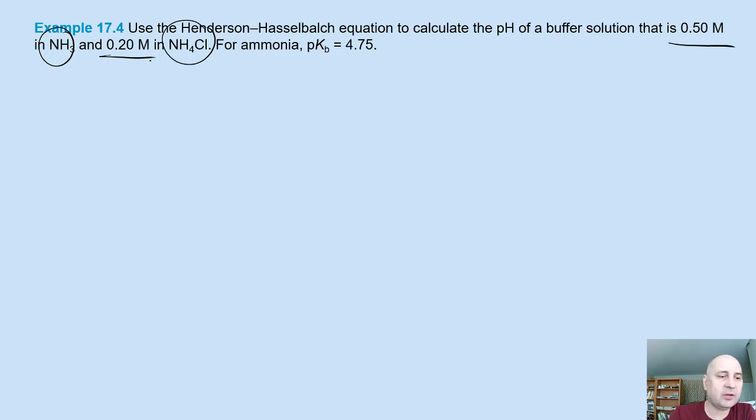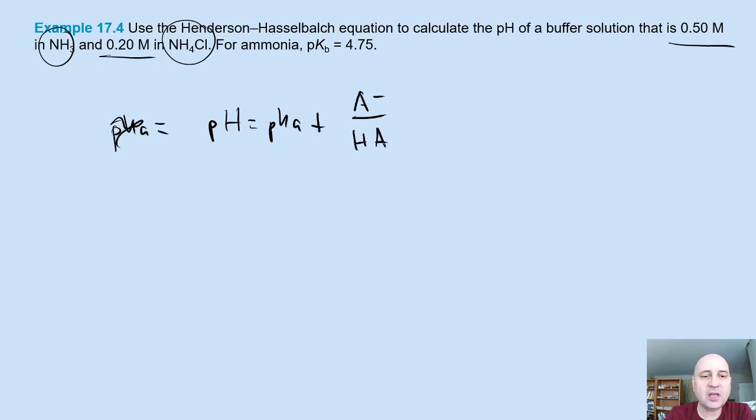So if we are going to use the pH equals the pKa plus conjugate base over acid, we need to take the pKb and figure out what the pKa is, and then make sure that we get the base and acid concentrations correctly.